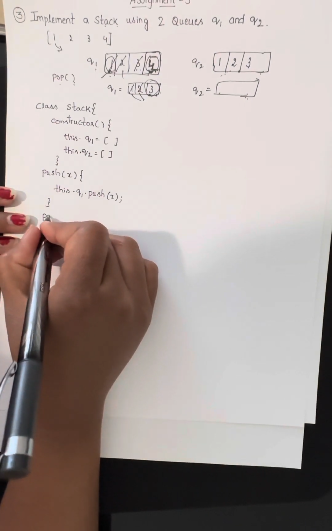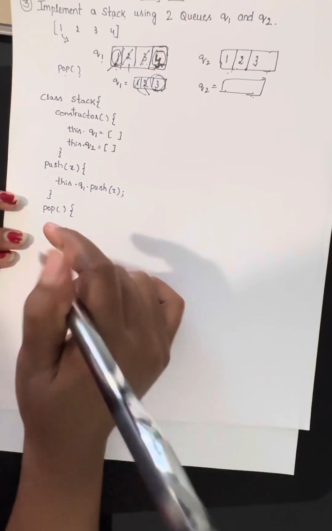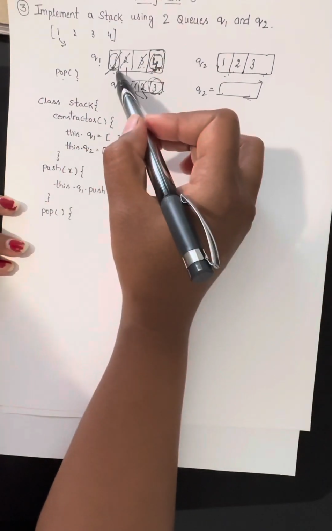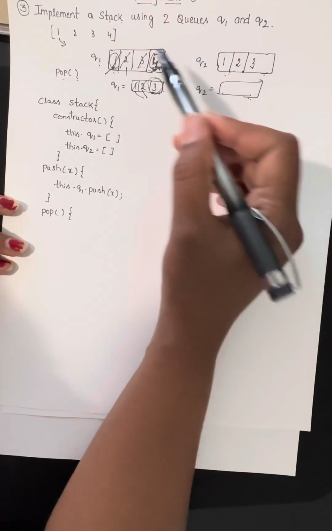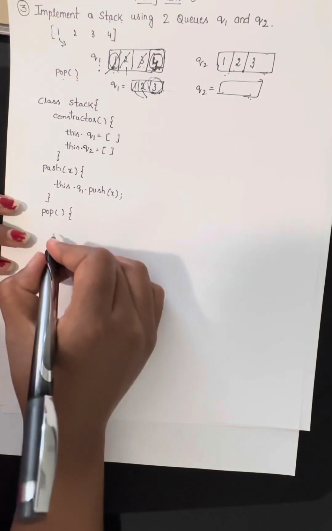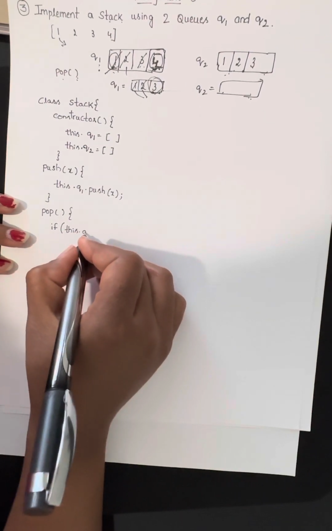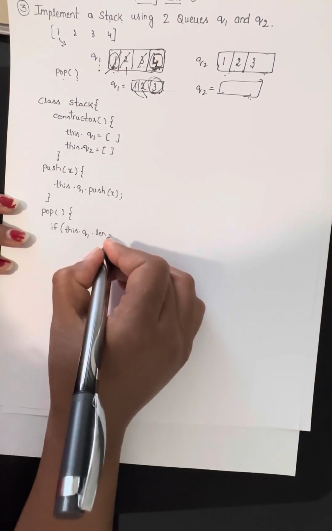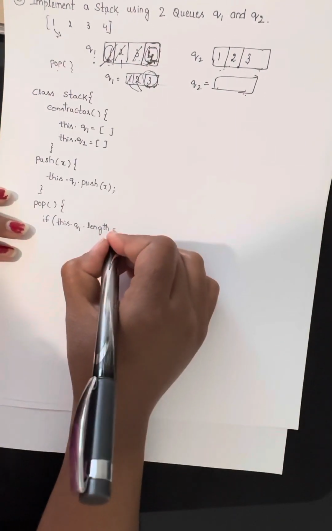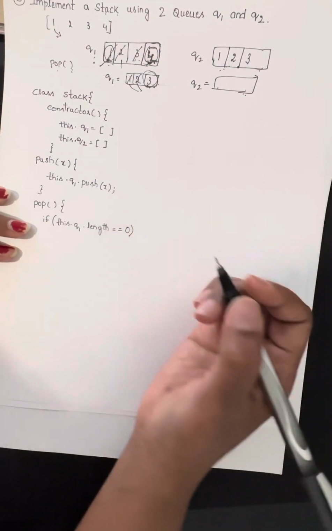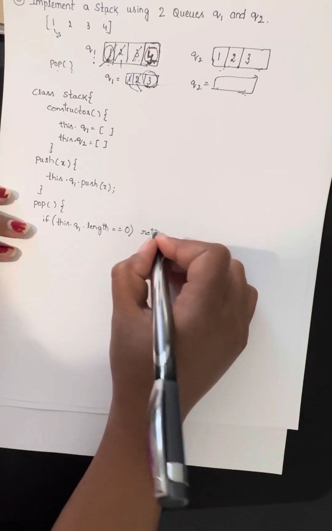Now we need to write the pop method. In the pop method, we'll shift all the elements into Q2 until there is only one element left in Q1. So if this.Q1.length is zero, meaning there are no elements in Q1, then we just return.